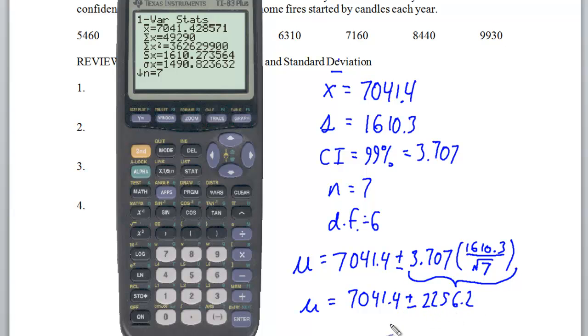So in a given year, and you'll see that this is a pretty wide interval here, but it's because we had a small sample and because we wanted to be 99% sure, candle-related fires are going to be between 4,785.2 and 9,297.6. So yeah, that's a very wide interval.